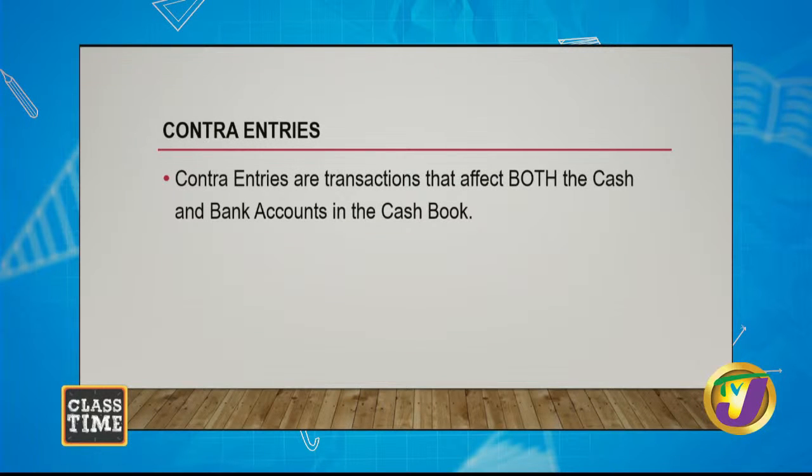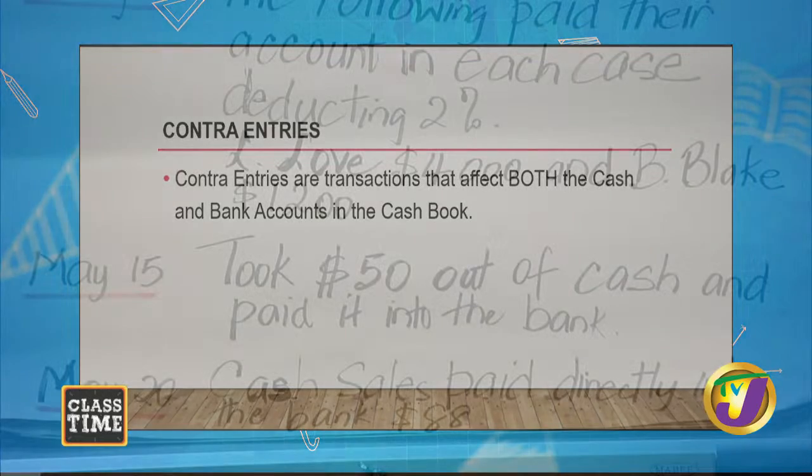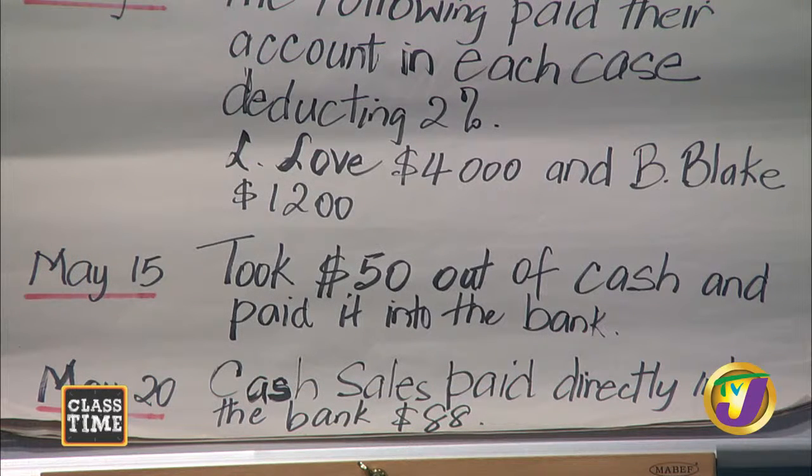So, on May 15, a Contra Entry did take place because we took out of the cash and we paid it into the bank. All right, how do we treat that now? We first took it out of the cash, so we are paying out of the cash.